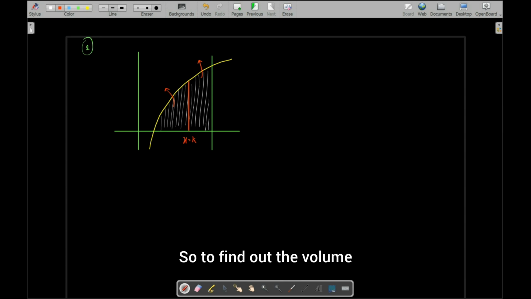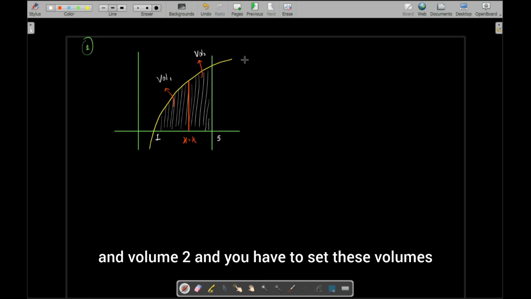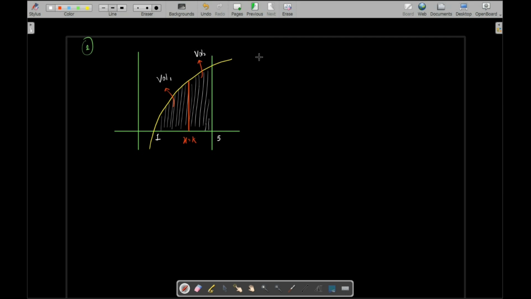So to find out the volume, this point is 1, and this line is given as x is equal to 5. So this point will be 5. Let's call it volume 1 and volume 2, and you have to set these volumes equal to each other.